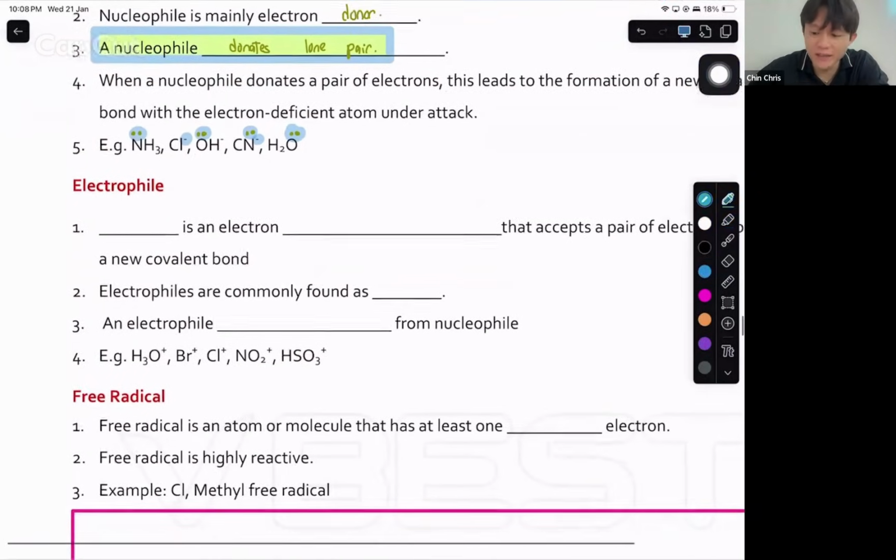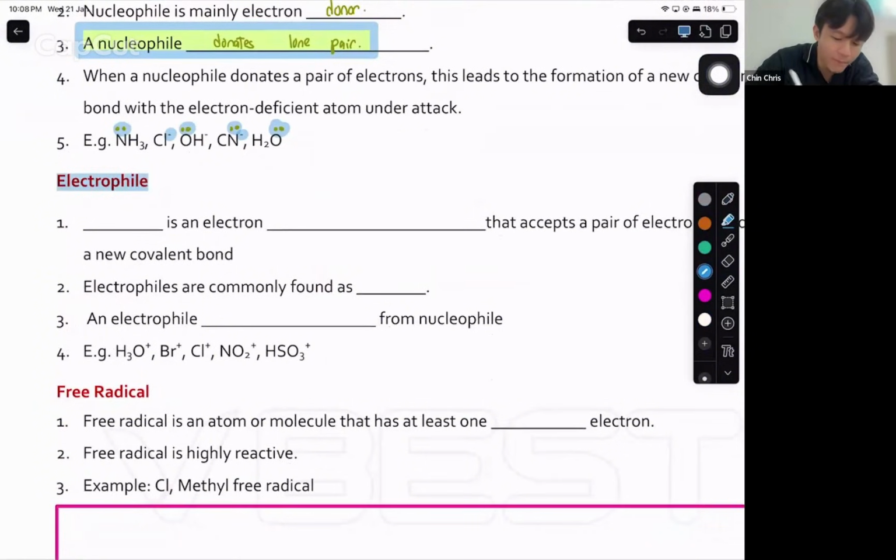All right, guys, next we have electrophile. Look at electrophile, yeah. Phile means love. Electrophile loves electrons, which means it loves negative. So an electrophile is an electron-deficient species, which means it doesn't have enough electrons.